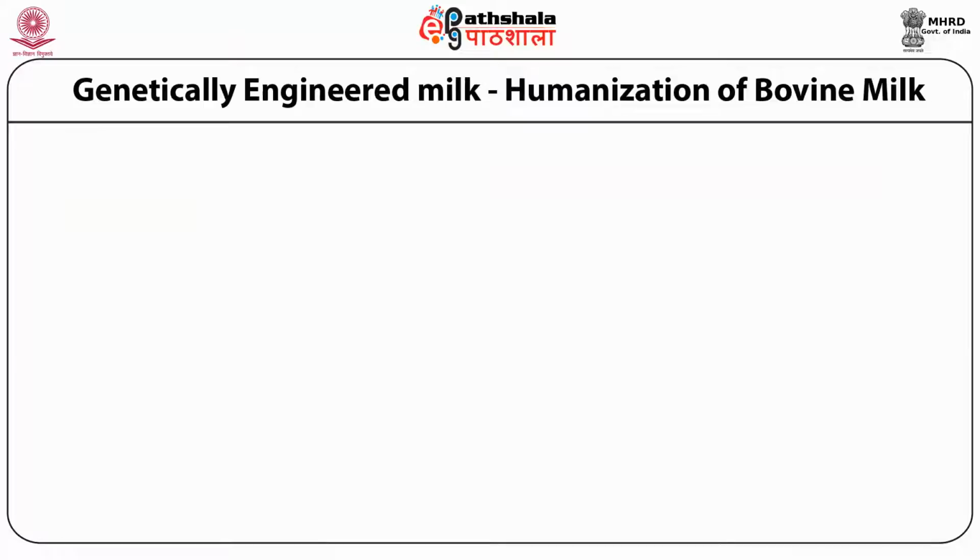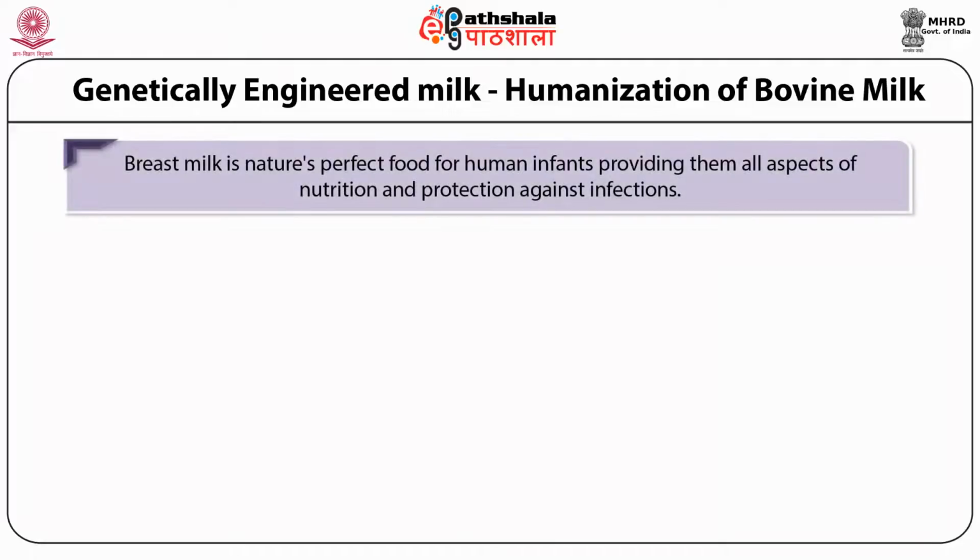Coming to the genetically engineered milk, or the humanization of bovine milk, as we know, breast milk is nature's perfect food for human infants, providing them all aspects of nutrition and protection against infection. We have heard many times that the mother's milk is the best for the baby.